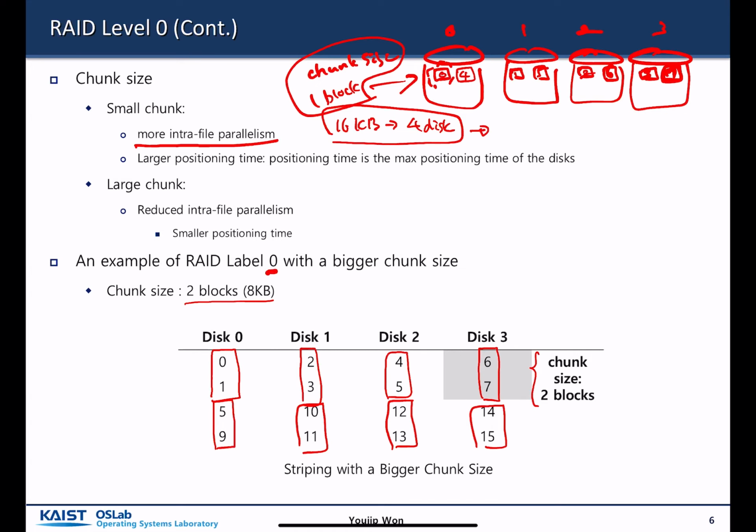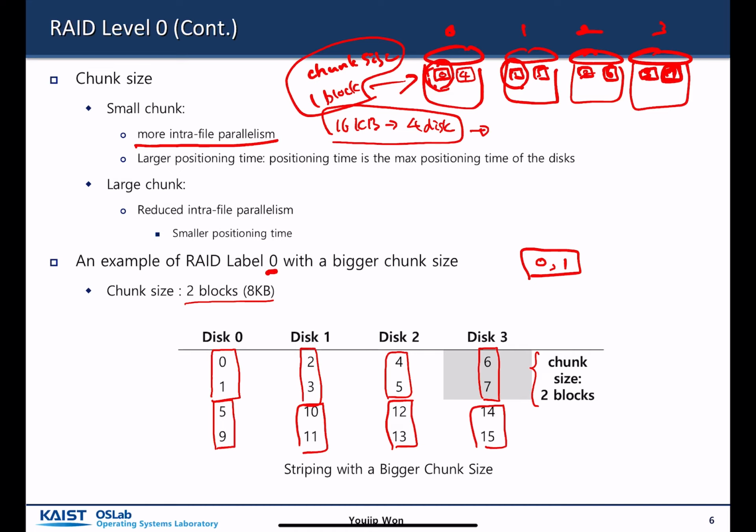Of course, let's consider a situation where we have to read block 0 and block 1. In the previous example, we have to read 2 disks at a time: block 0 from disk 0, block 1 from disk 1. So you have to synchronize the reading activity from the 2.